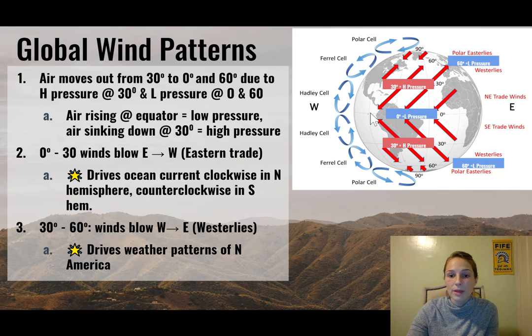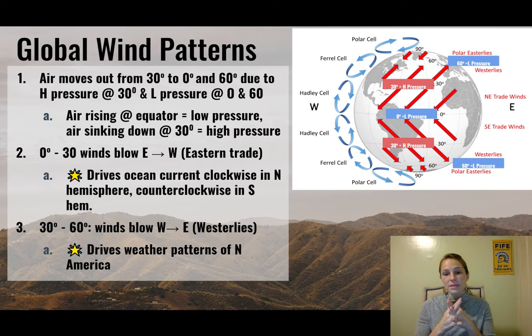Hadley cells, remember, they go up at the 0, they come down at the 30. So they'll be moving from high to low latitudes. Ferrel cells come down at the 30. They push up towards the 60. So they will be going from low to high latitudes, which is why we see all these different shifts based on the Coriolis effect.